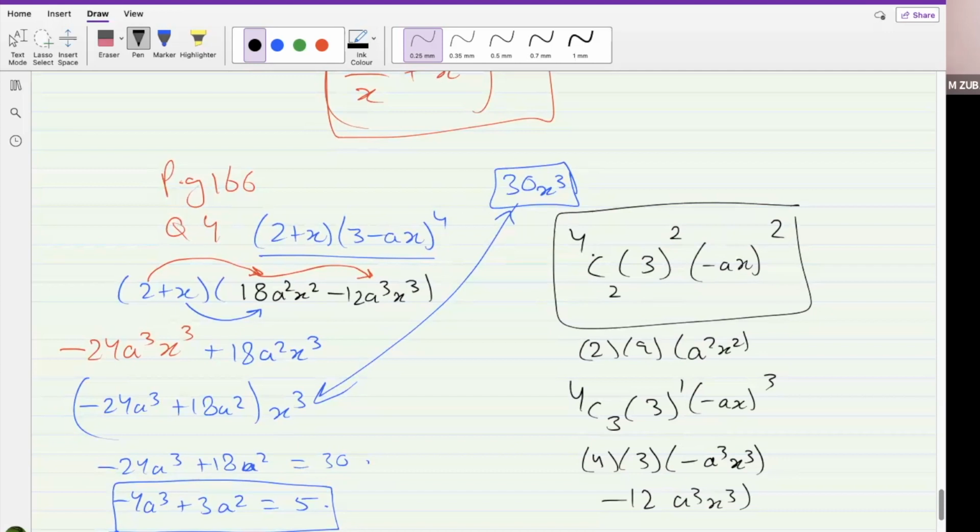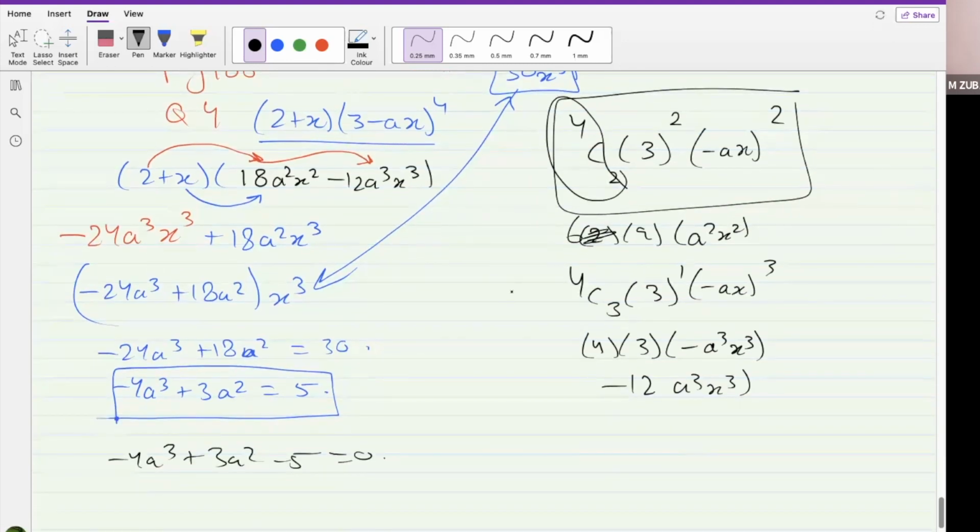There is a mistake. 4c2 is 6, not 2. This is 6. 6 9s are 54. This was 54.